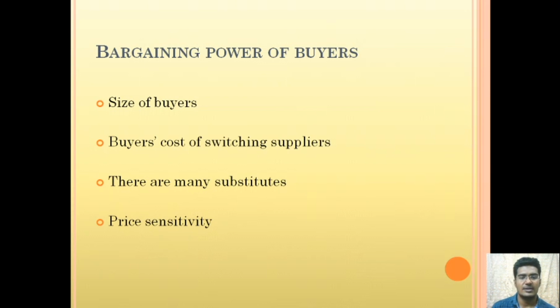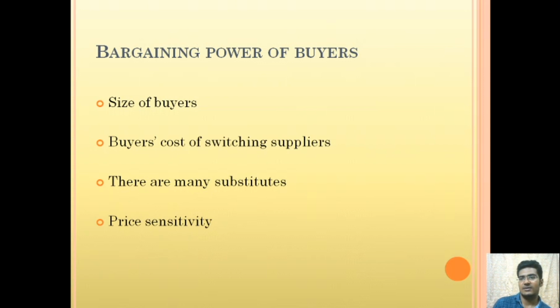And next point is there are many substitutes. Yes, there are many substitutes to almost all the products in the market nowadays. Few monopolistic companies like Coca-Cola, Pepsi don't have many substitutes, but generally most of the products like automobiles, like cosmetics, have a lot of substitutes, and people tend to move from one product to another, and the buyer's cost of moving from one product to another product is very cheap nowadays.